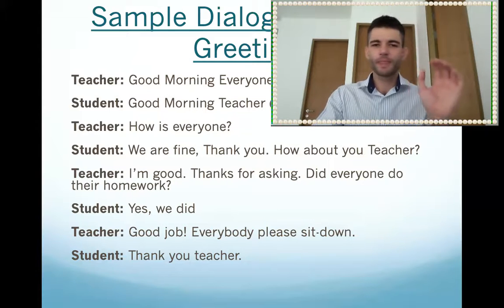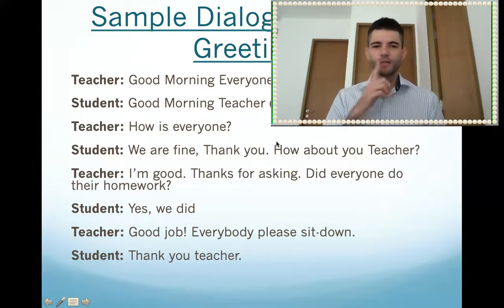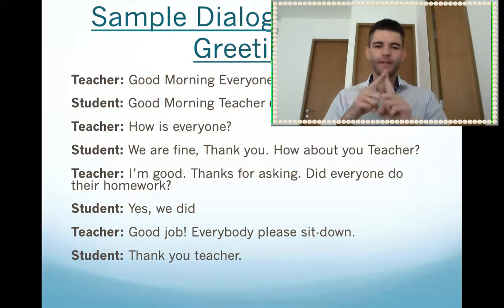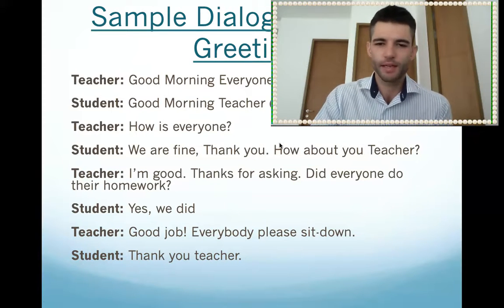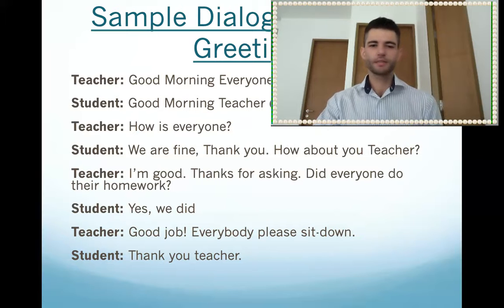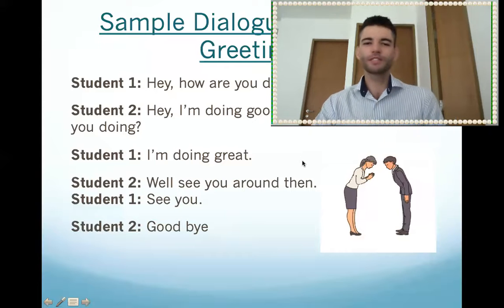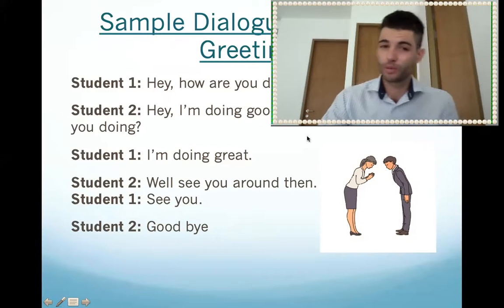So this is a dialogue. Dialogue means people talking, like a conversation, people having a conversation. Okay, so read it again on your own time, because you have the video. Okay, another one, sample of a dialogue of informal greetings.